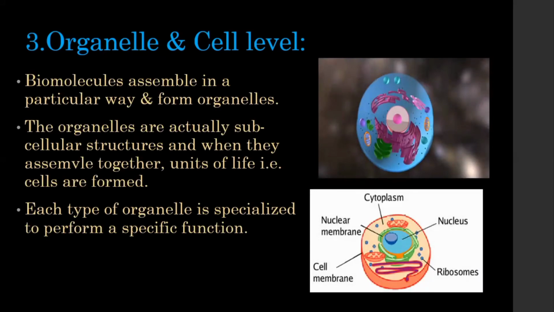Each type of organelle is specialized to perform a specific function. For example, mitochondria are specialized for cellular respiration. Ribosomes are specialized for protein synthesis. In this way, functions of the cell are accomplished by these specialized structures. It is an example of the division of labor within the cell.